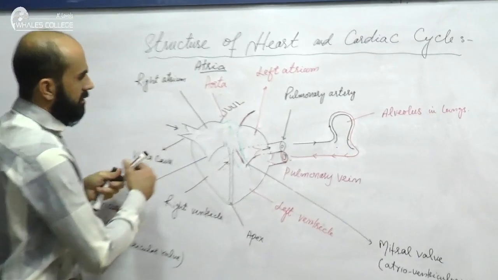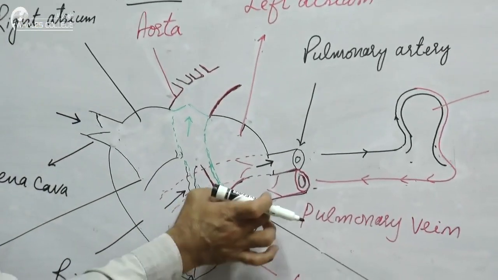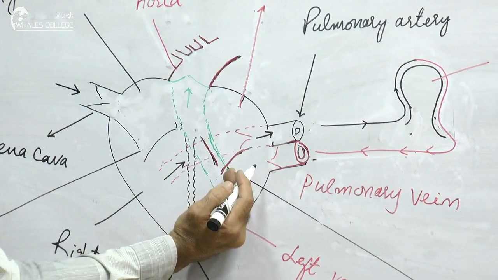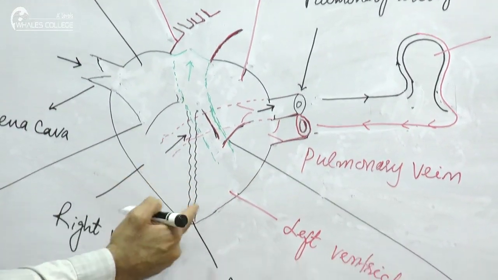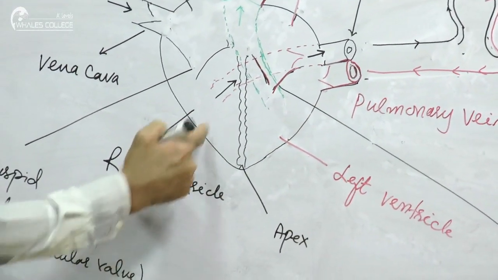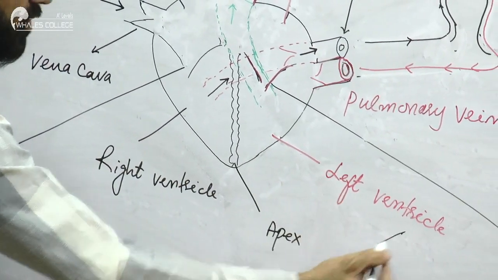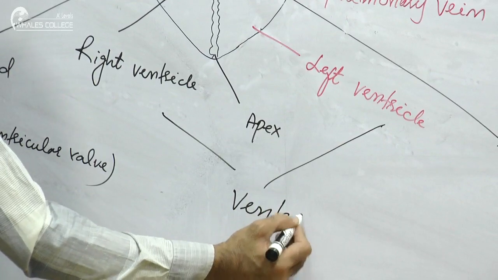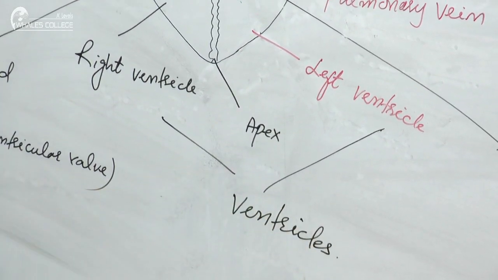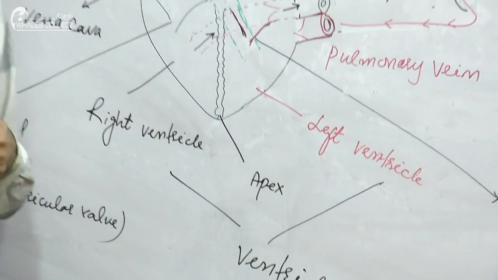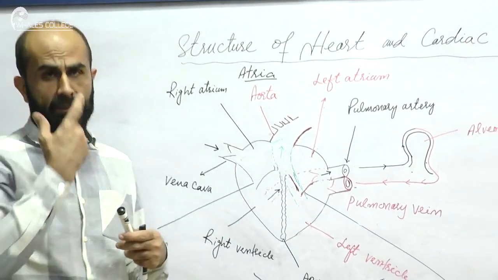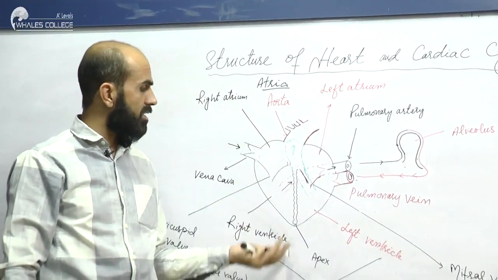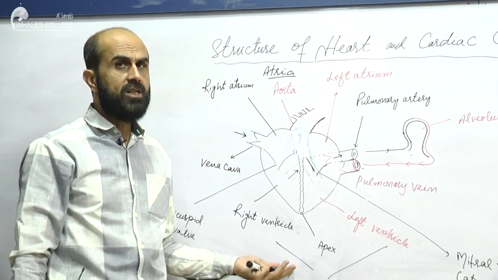And then the chambers just below, on this wavy line, on the left side and on the right side, are known as the right ventricle and left ventricle. Collectively we know them as ventricles. So initially two sides of the heart, two chambers each: the upper chambers are called atria and the lower chambers are known as ventricles.